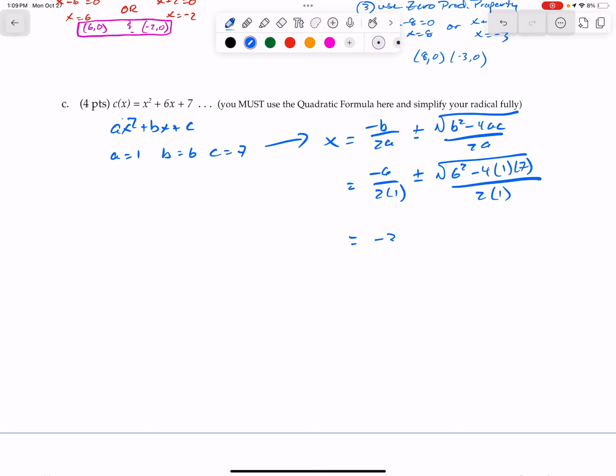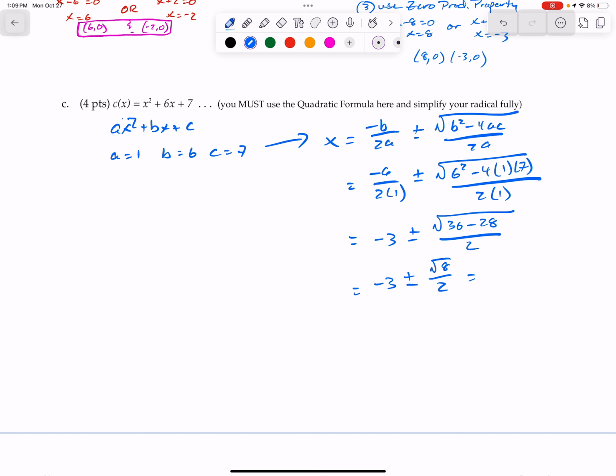So this is negative 3 plus or minus the square root of 36 minus 28, which is the square root of 8, over 2.